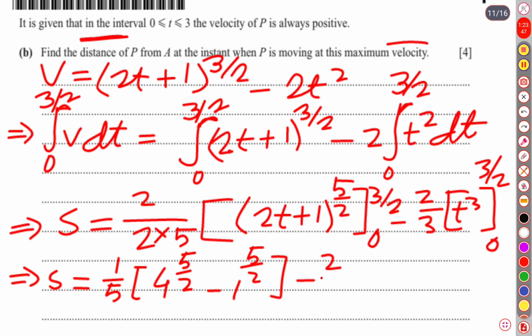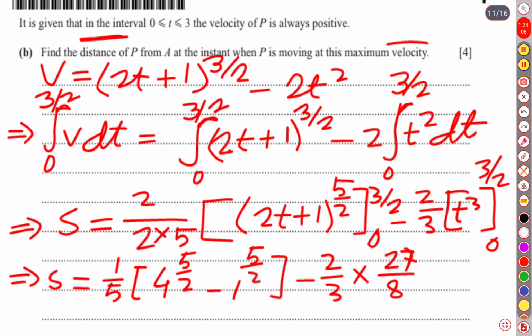Minus 2 over 3. Here if we substitute 3 over 2, it is 3 cube, meaning 27, over 2 cube, meaning 8, and 0 cube means 0.